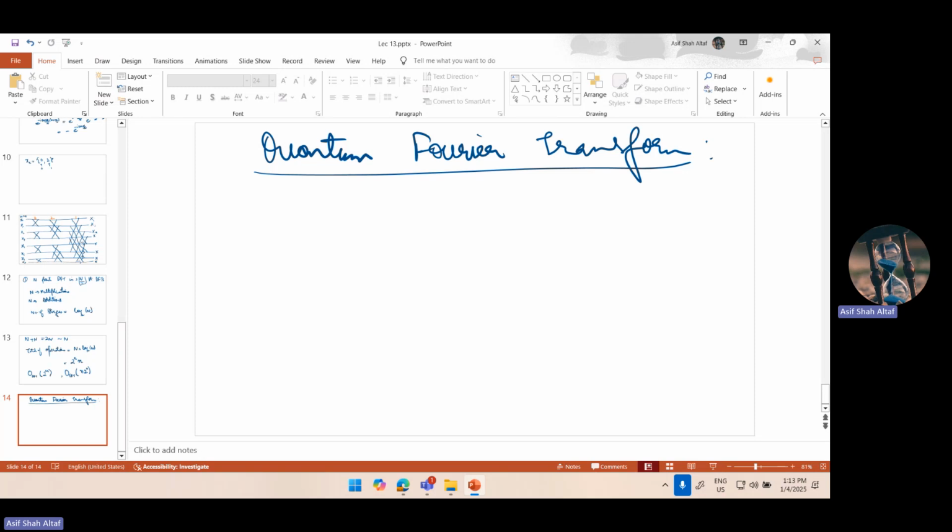So just like the discrete Fourier transform, we have the same expression for the quantum Fourier transform, but the difference is the representation. Here we will use Bra-ket notation, which is most common in quantum computing.